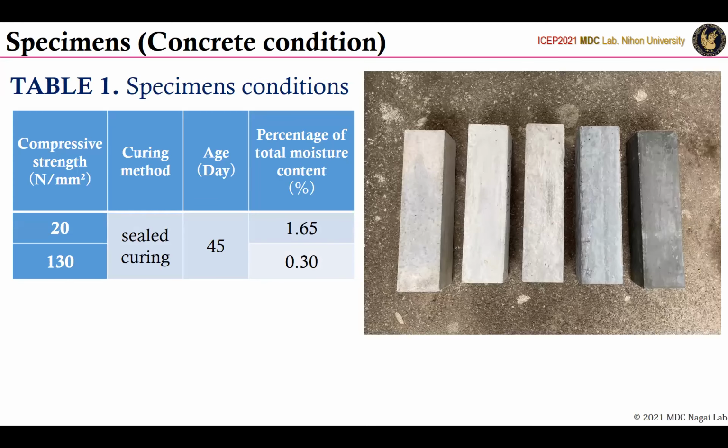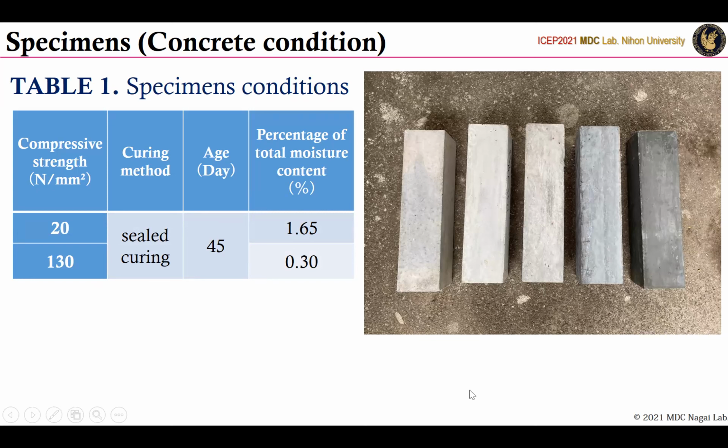Now I will explain the specific contents of the experiment. The concrete used in this experiment had compressive strengths of 20 newtons per square millimeter and 130 newtons per square millimeter.